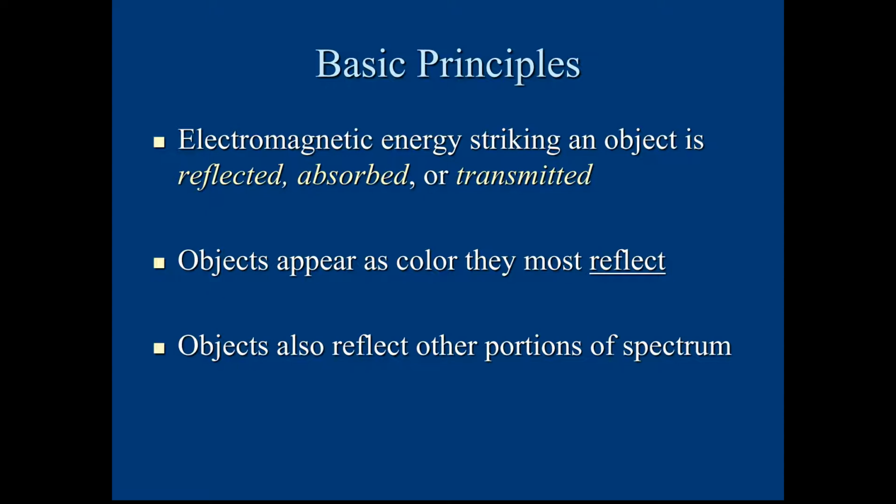If we see something that's green, it's not absorbing the green rays, it's absorbing everything else and reflecting green back to us so that as it passes through our eyes, we can see it. And objects also reflect other portions of the spectrum. It's not all just what we can see. We're scientists here, we should understand this. There's a lot of other things that are happening in the background.